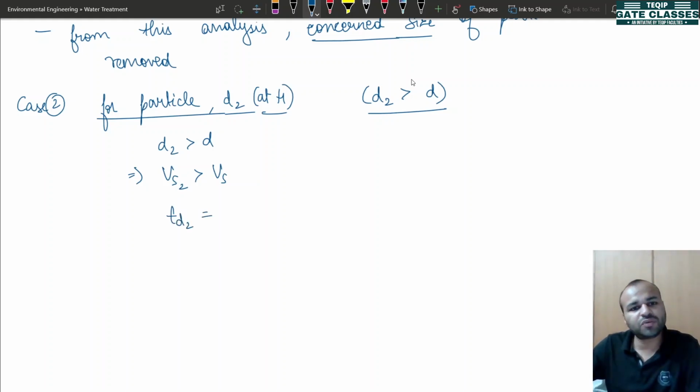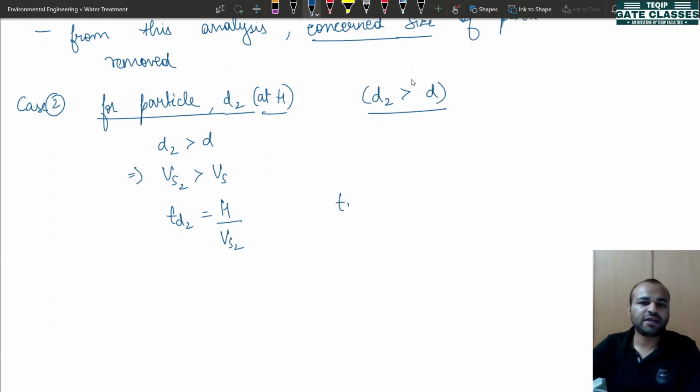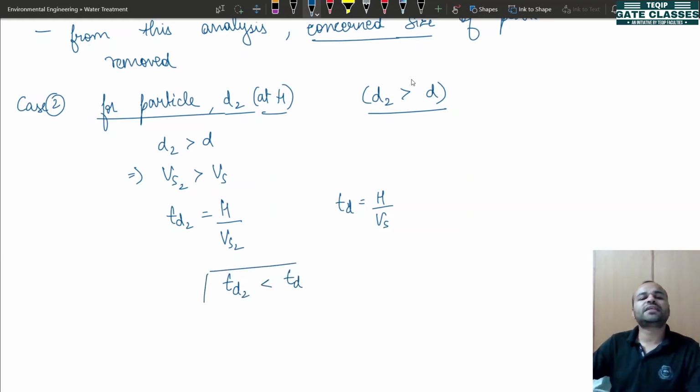The td2 value will be given by h by vs2 and td value will be given by h by vs. Since vs2 is greater than vs, this value will be less, so td2 comes out to be less than td. So we can say that a lesser amount of time will be required for the particles to settle down.